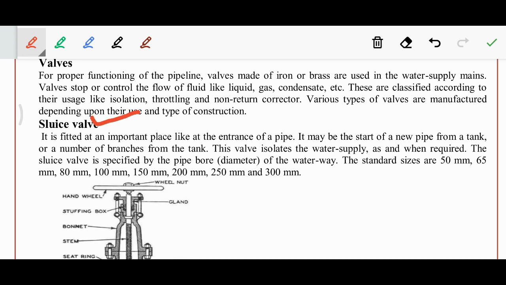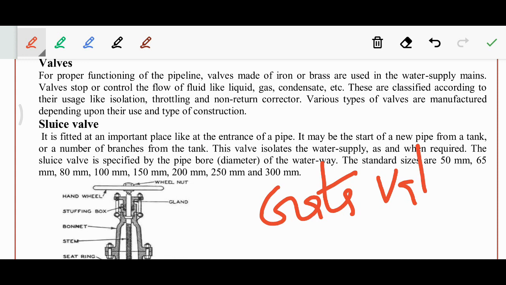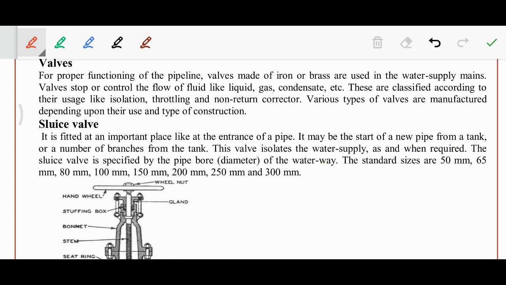First one we'll see is the sluice valve. So sluice valve is also well known as gate valve. It is fitted or installed at an important place, that is the entrance of the pipe. Let's say this is my reservoir.